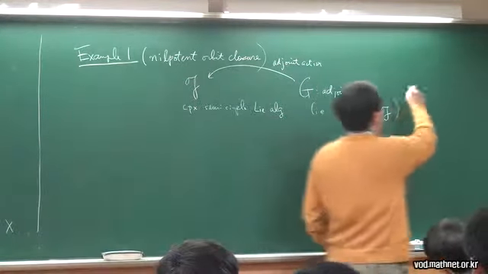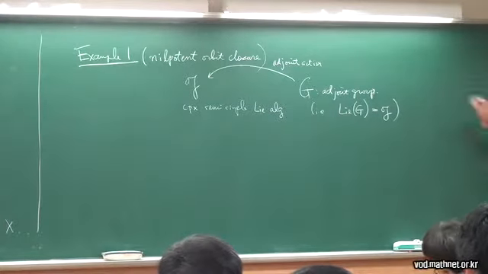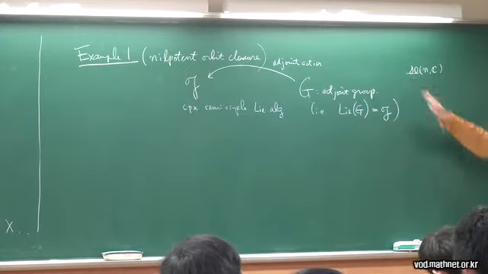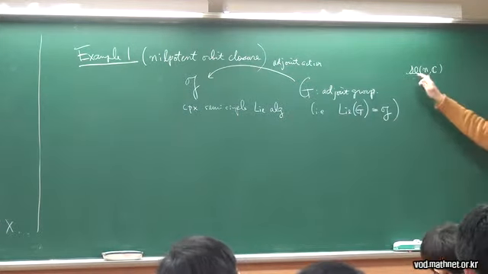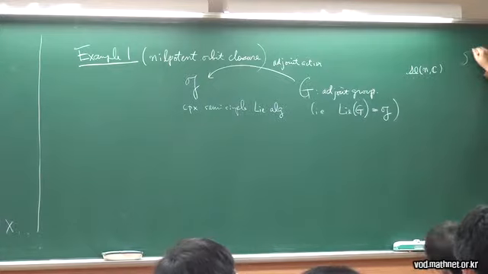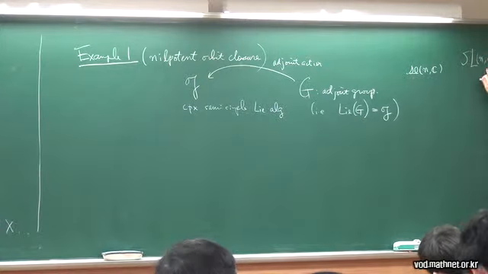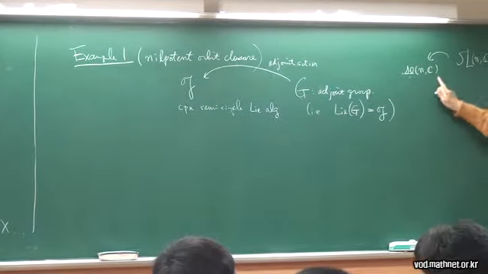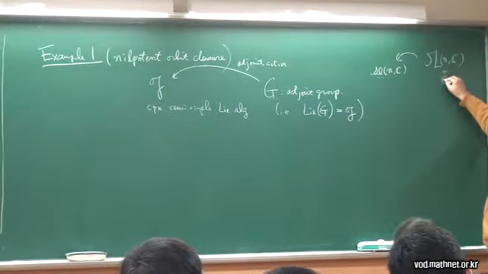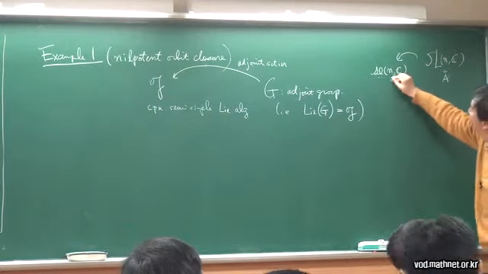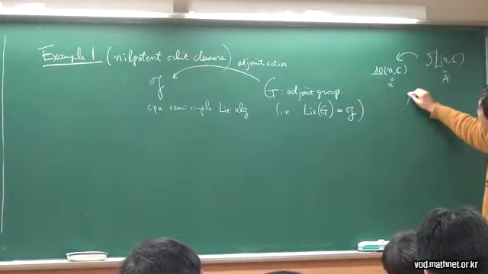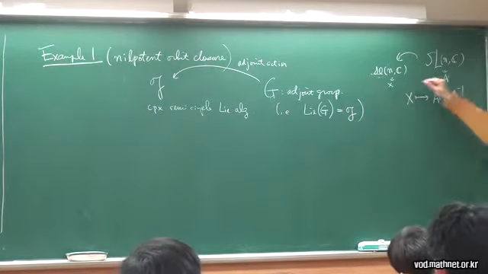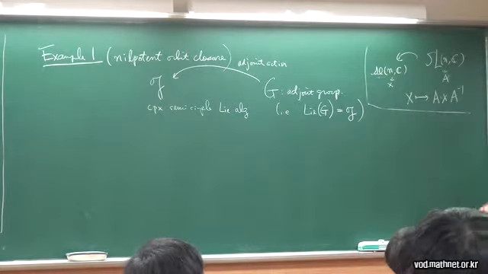For example, sl_n(C) is the space of trace-free n times n matrices, and SL_n(C), the matrices of determinant 1, acts on this space. If you take A and X, then the action is given by A X A inverse. This is the adjoint action, for example.